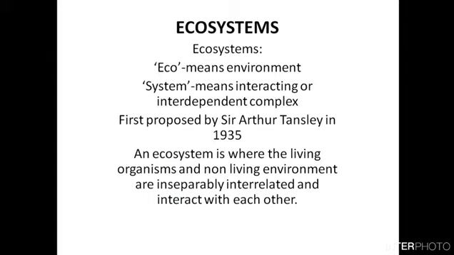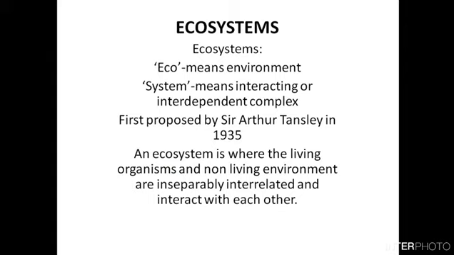So the definition of ecosystem is: an ecosystem is where the living organisms and non-living environment are inseparably interrelated and interact with each other. That means in an ecosystem there will be non-living things, or non-living environment, and there will be living organisms also, and they are inseparably interrelated.